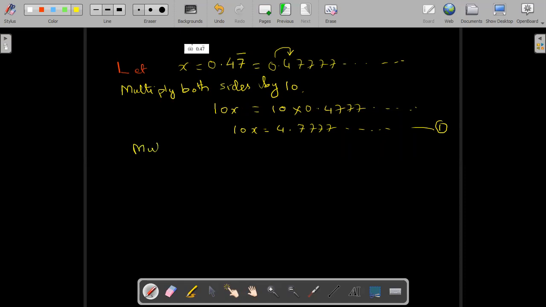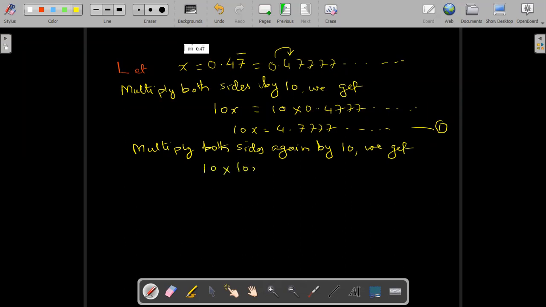So multiply again both sides by 10 now. 10 into 10 is 100. Both sides you can write the step: 10 into 10x.